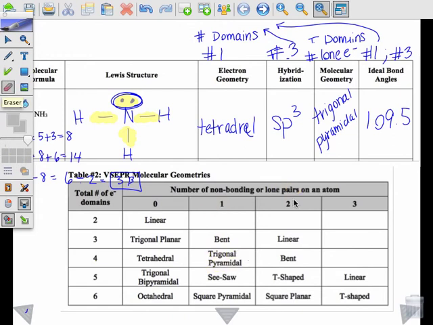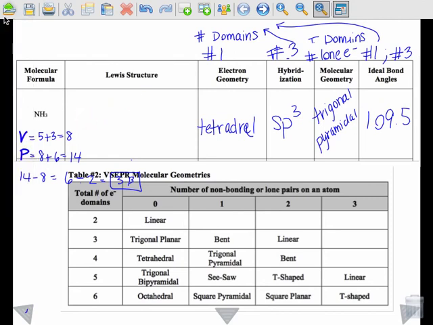Now, the last thing you have to do, last part, number 5 on the back of that instruction sheet, is you have to go back and fix your picture. So if the electron geometry and the molecular geometry are not the same, then this Lewis structure is not right. That's why you have a pencil. So I'm erasing my first structure, and I'm going to redo it.